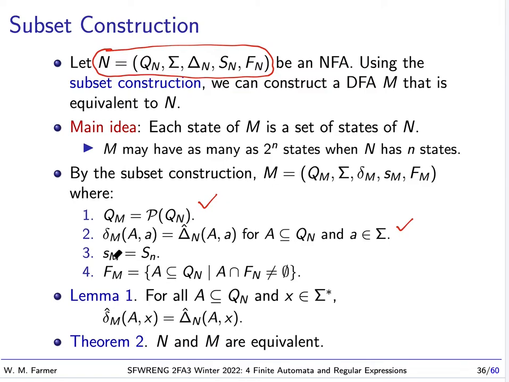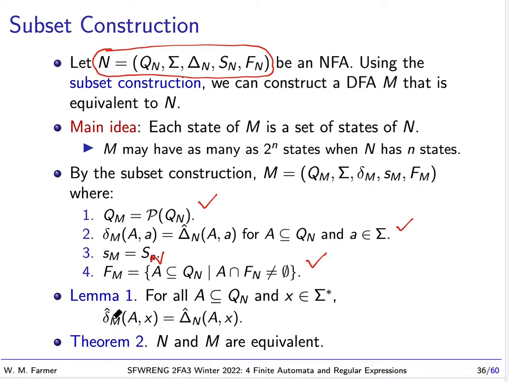Our start state will be the set of all start states of N up here. This actually should be capital N. And the final states will be all the subsets of the states in Q, so all the states in Q_M that contain final states of N. And then it's pretty easy to prove that our little delta hat will be the same as big delta hat.